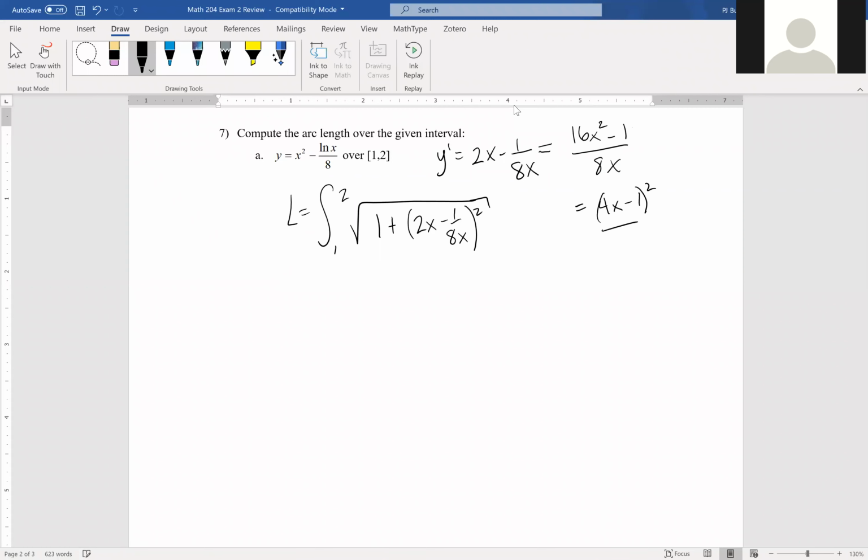Don't really want to do that. I think I'll just leave it alone and see what happens. Just 1 plus, and then we're going to get 4x squared.